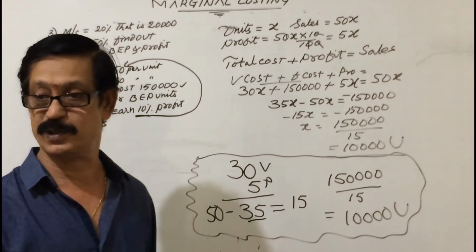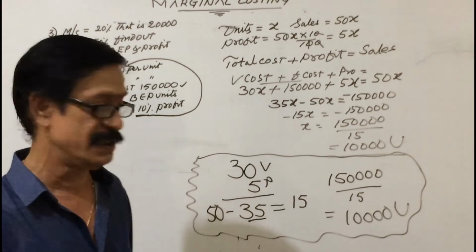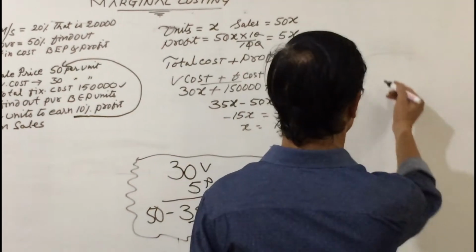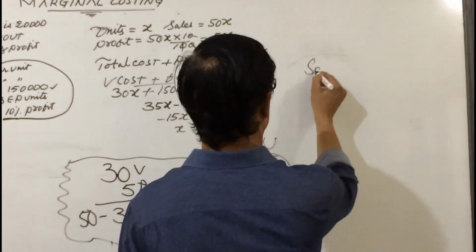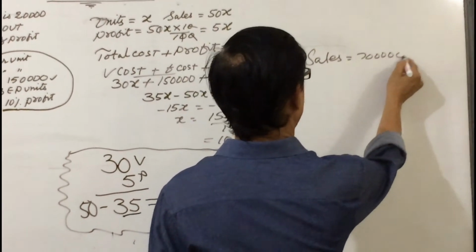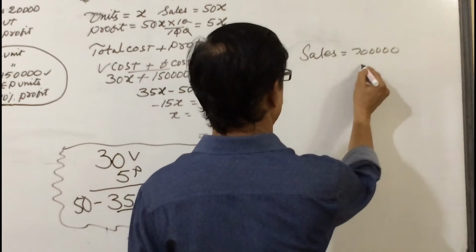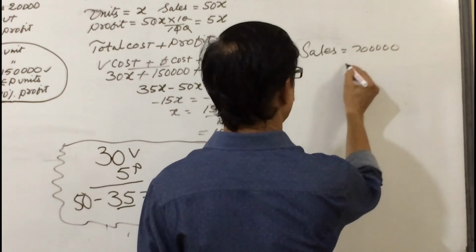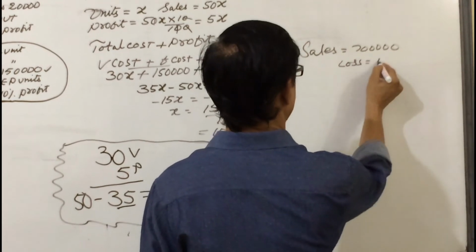Last and final, my dear students, I want to explain one more short problem. When the first year sales are 7 lakhs, they got a profit minus, that means they got a loss of 10,000.